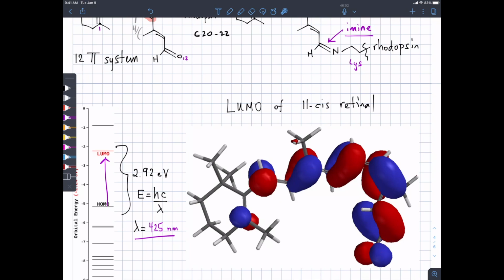And if you measure the gap between HOMO and LUMO, it's around 3 electron volts, which, going back to our spectrum, starts to absorb in the purple region of the spectrum, about 425. Now that's just 11-cis retinal on its own. When molecules like this get loaded inside the protein, the environment of the protein affects the HOMO-LUMO gap, and that changes slightly the area of the spectrum that you can absorb in.